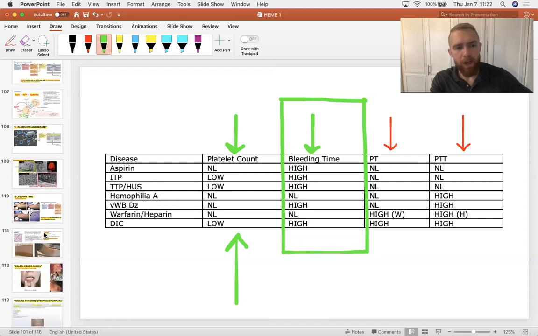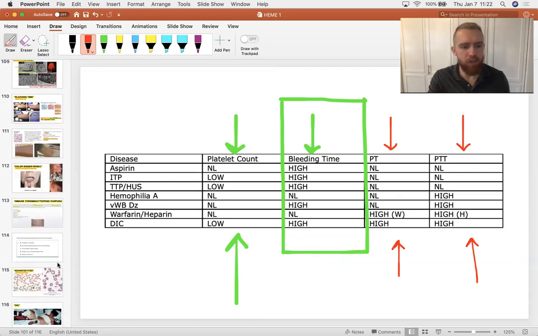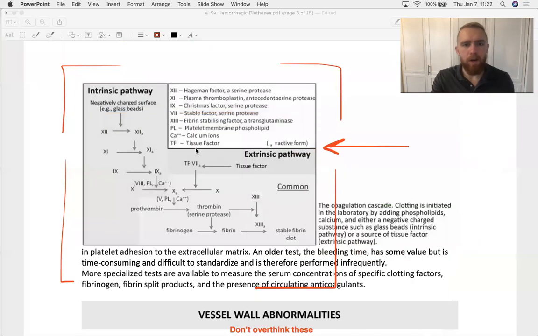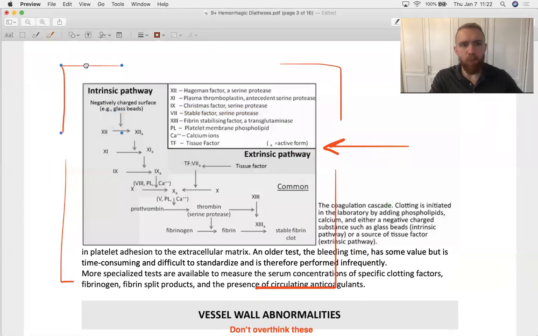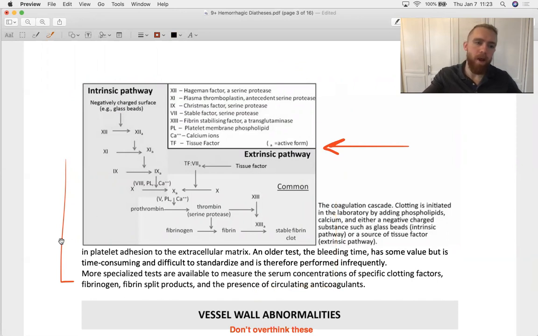So getting a little bit further into the woods, then, what are PT and PTT anyways? Well, they're measures of clotting factor efficiency. And your clotting pathways, both intrinsic and extrinsic, are going to be underway simultaneous to the formation of the platelet plug, but they're not going to interact with a site of injury until the primary hemostatic plug is done.